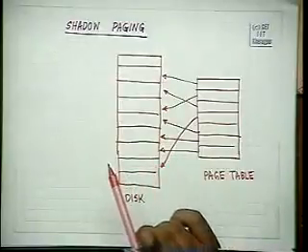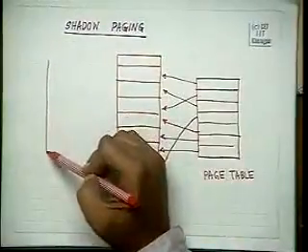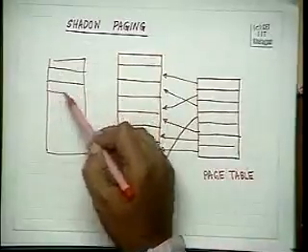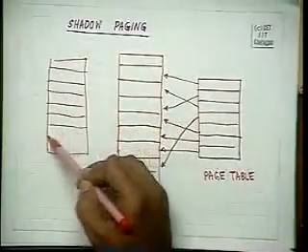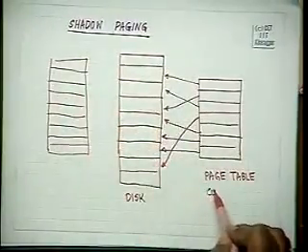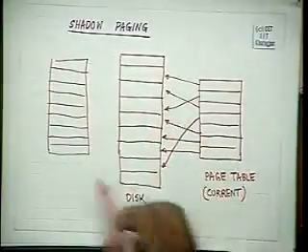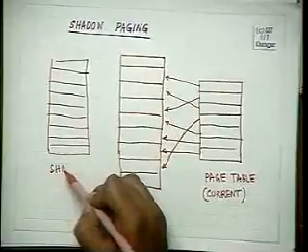The other is the shadow page, which is the state of the page before the transaction Ti was executing on that page. So we have what is called the current page table, and we have another page table called the shadow page table.